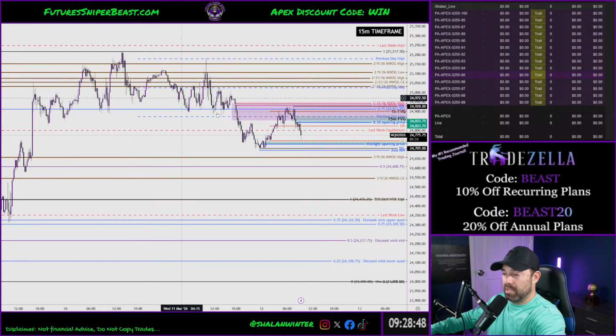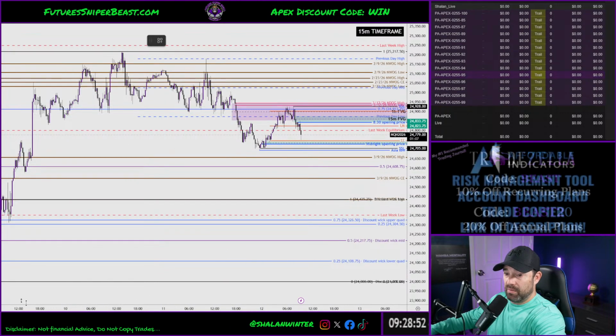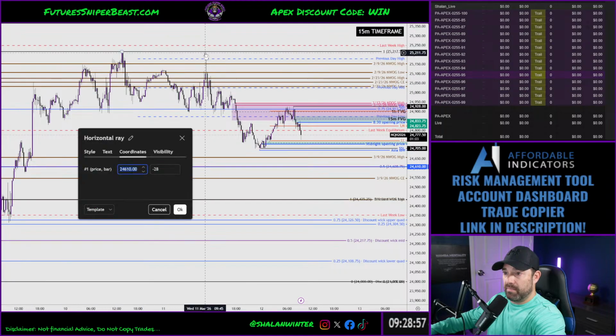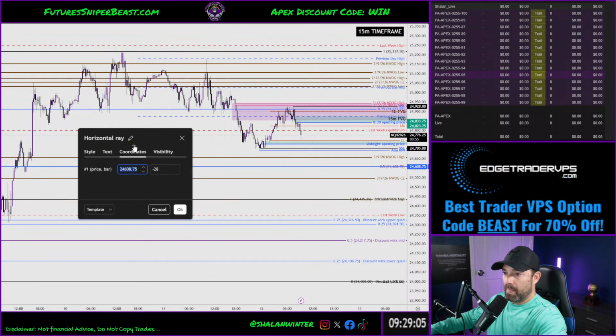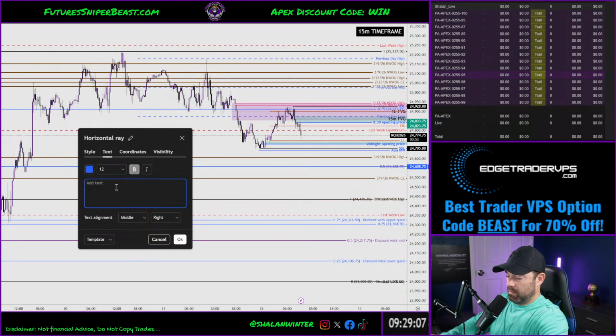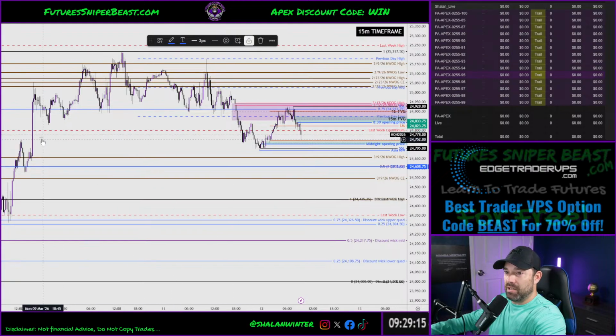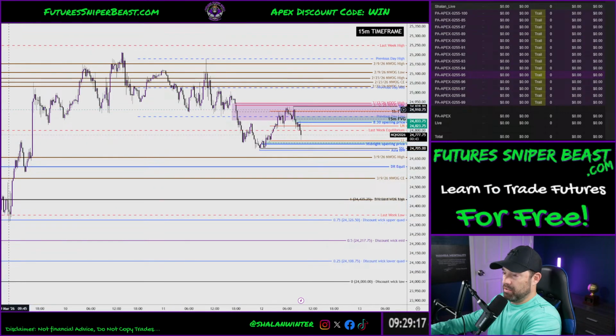So I will keep this dealing range. 608.75, I would just have an eye on it just in case. I'm going to lock that in there, the dealing range equilibrium, just to keep an eye on that.